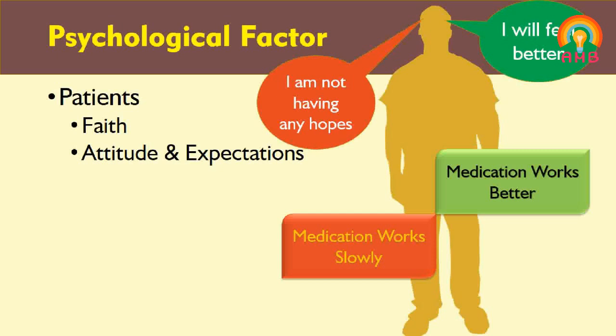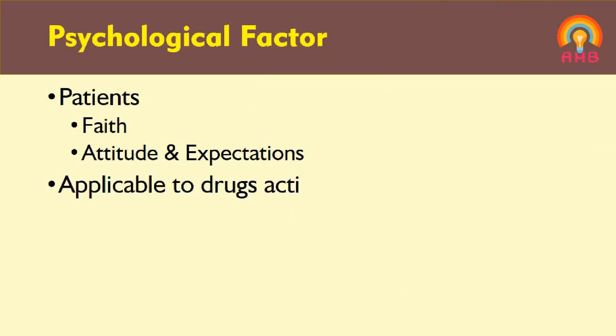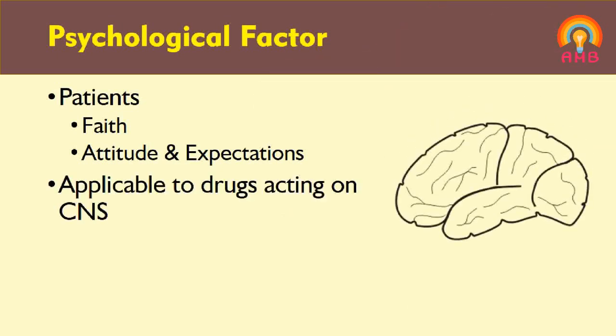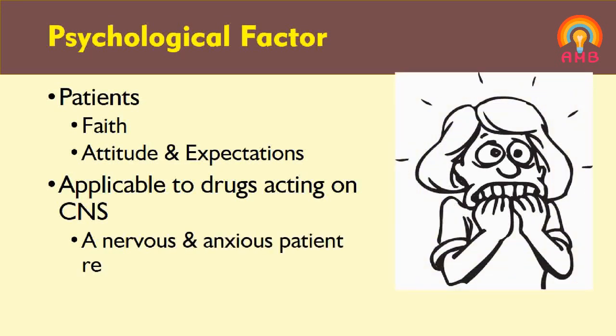So the patient's attitude is also a very important psychological factor in the efficacy of the medication. This factor is particularly applicable to drugs acting on the CNS. For example, a nervous or anxious patient requires more general anesthetic to produce anesthesia than a normal patient.